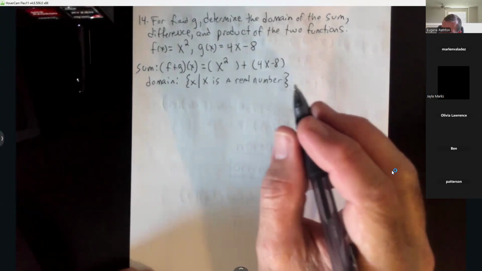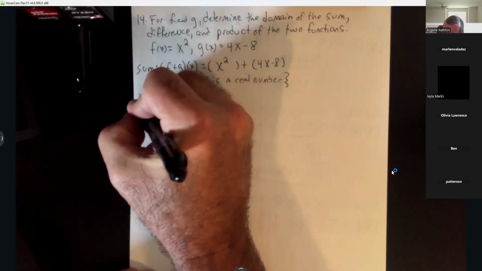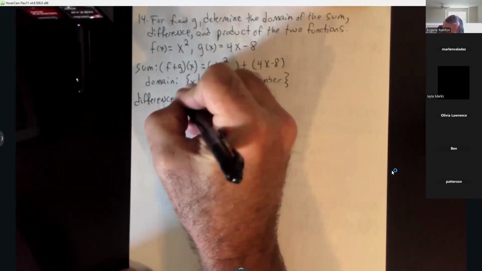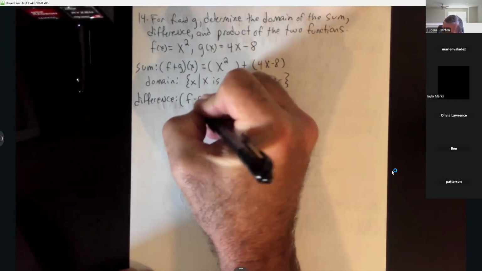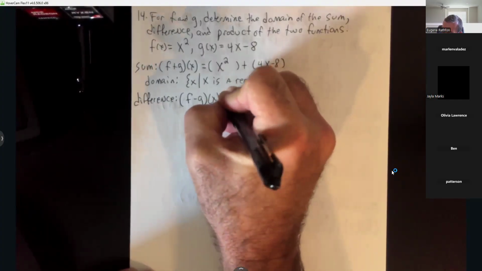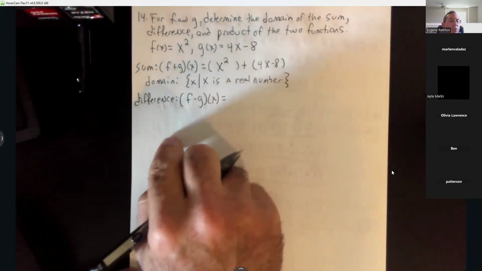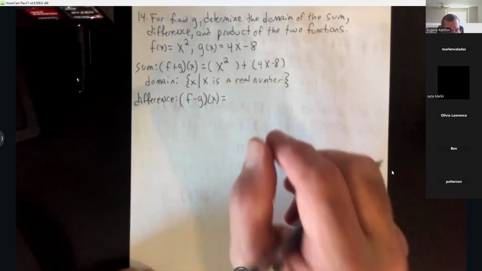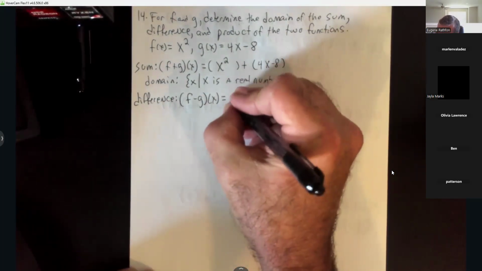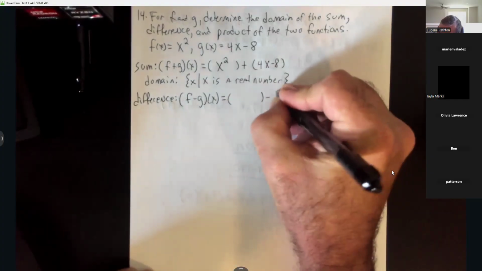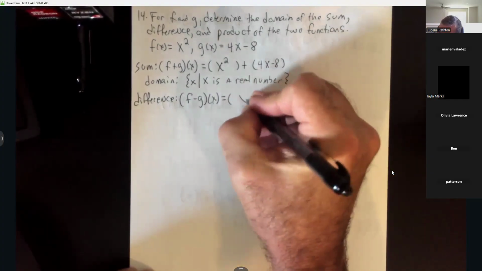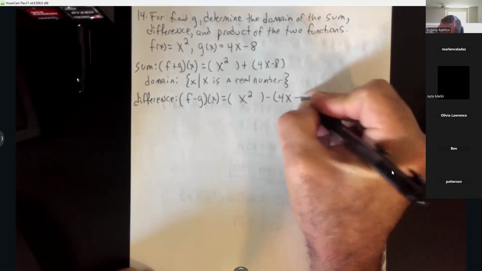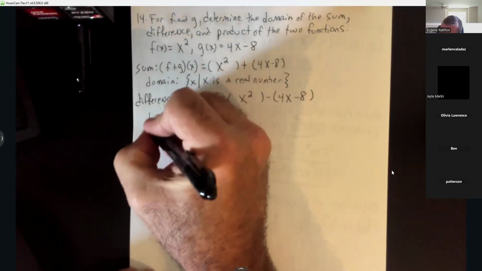All righty, let's do the difference. So that'll be f minus g of x. They'll have you do each one of these three one by one. You'll put in the domain first, and then you'll do the difference. So f minus g will be my f minus my g. That'll be x squared minus the 4x minus 8.